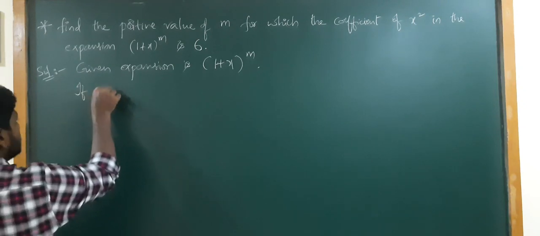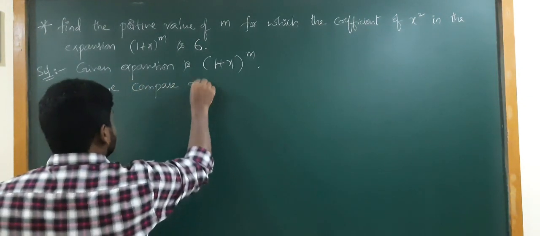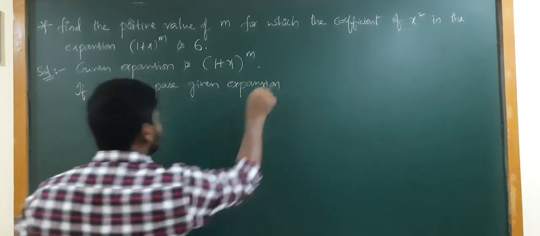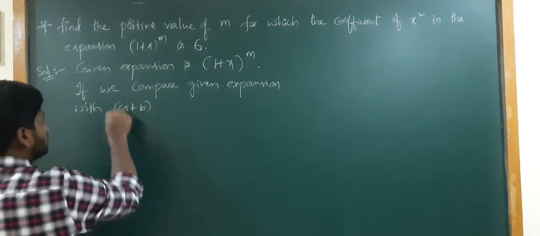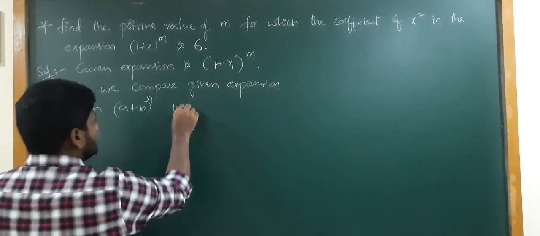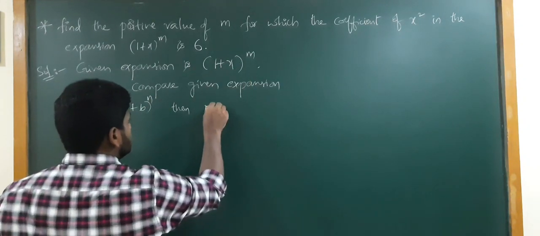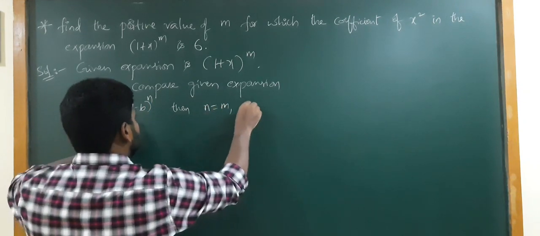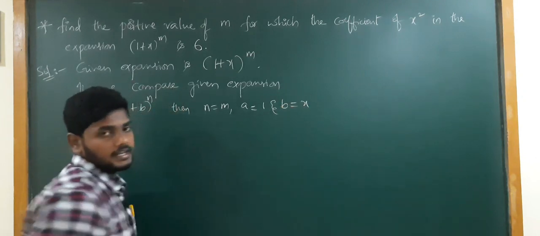If we compare the given expansion with a plus b whole to the power of n, then we will equate those values. Then n is equal to m, and a is equal to 1 and b is equal to x.